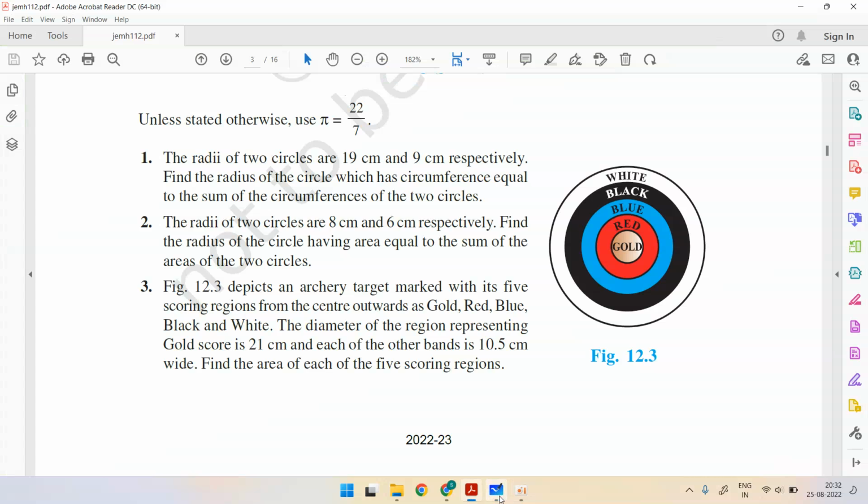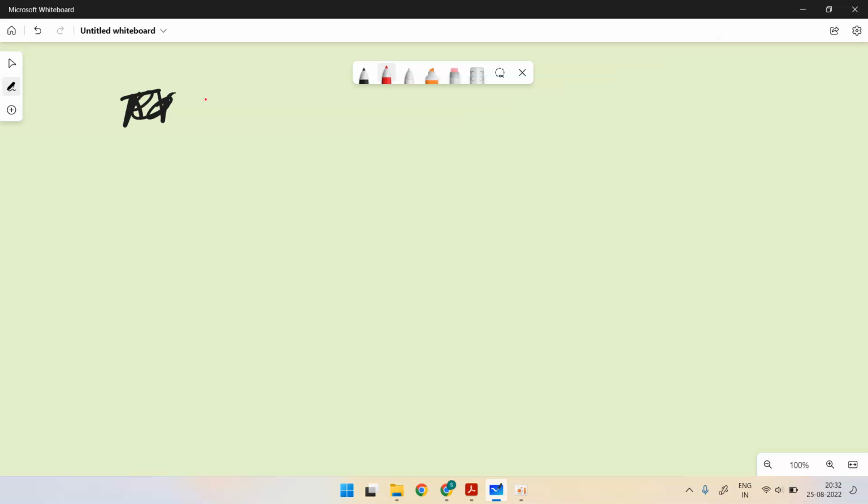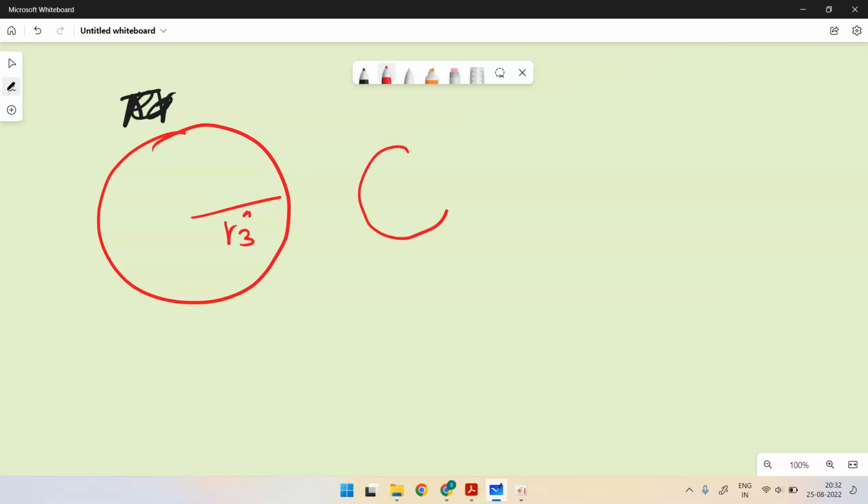Next, the radii of two circles are given. Find the radius of the circle having an area equal to the sum of the areas of the two. Here let r3 be the bigger circle, and this is r1 and this is r2.